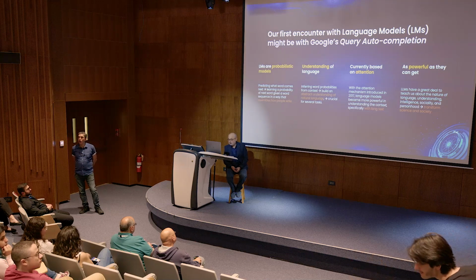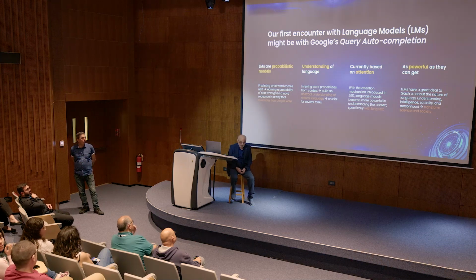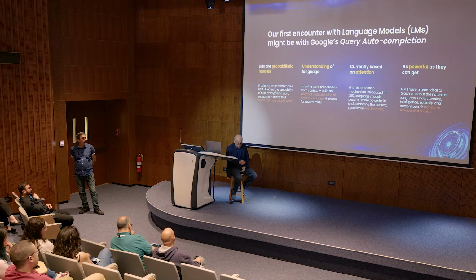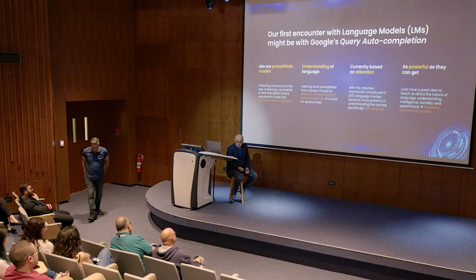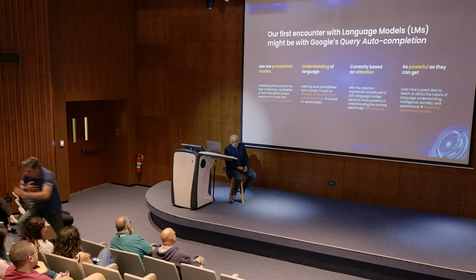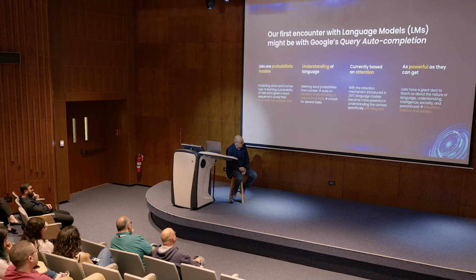They can grow in complexity as much as we allow, as much as the computational power and data we give them. And those large language models have a great deal to teach us if we use them properly. I'm not going to talk now about the advantages. I'll keep it for a minute.